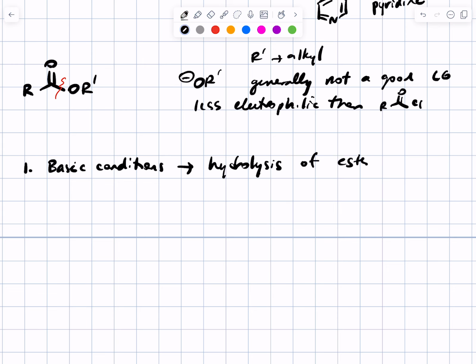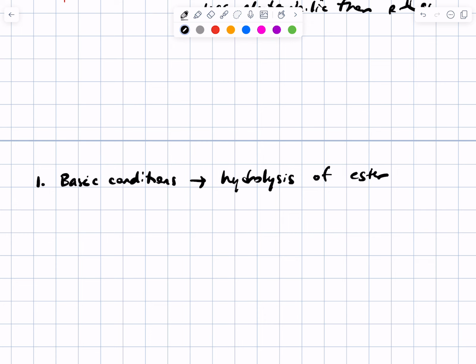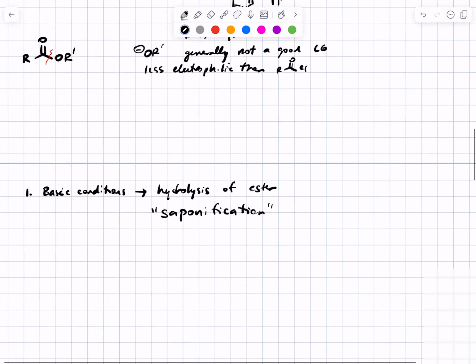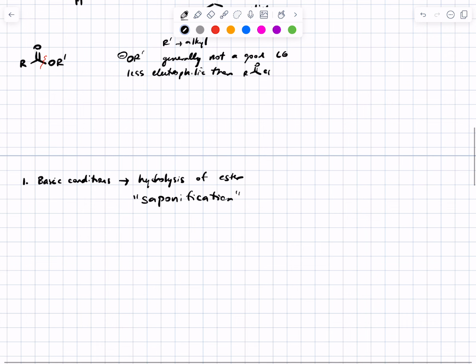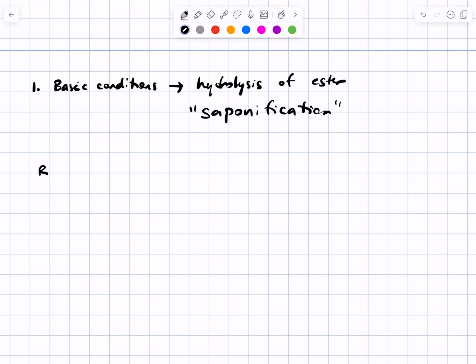Hydrolysis of the ester. This reaction is sometimes called saponification, and that's from, I don't know if it's Latin or Greek, for soap. This reaction was used by our ancestors to make soap, and I'll show you how that works after I show you the reaction.